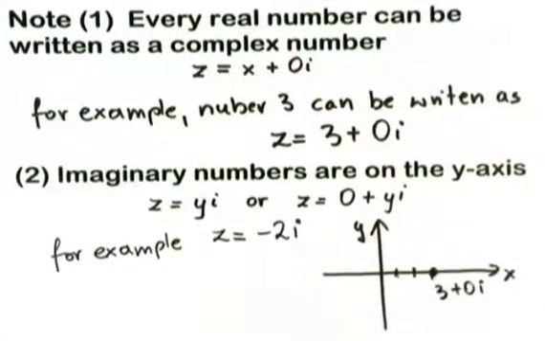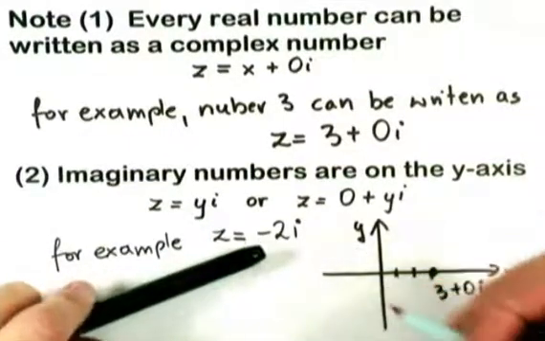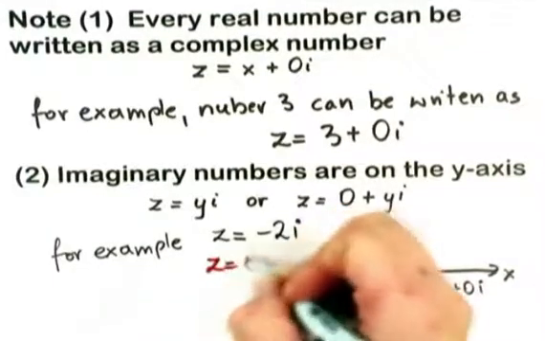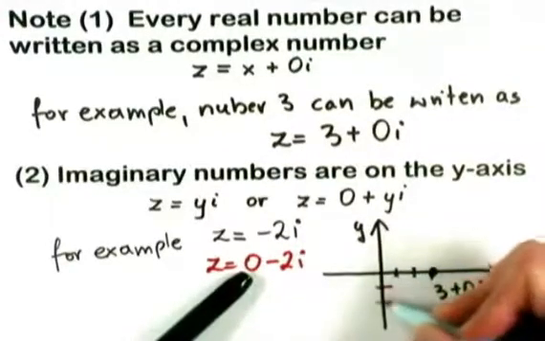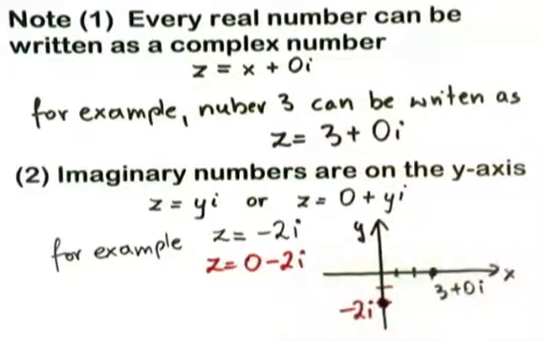All real numbers are going to show up on the real number part on the x-axis. And now just imaginary numbers, so it's -2i, so my x is 0, because this number can be written 0 minus 2i, or 0 plus minus 2i. So I have x 0, and I'm going down right here, so this point is -2i.